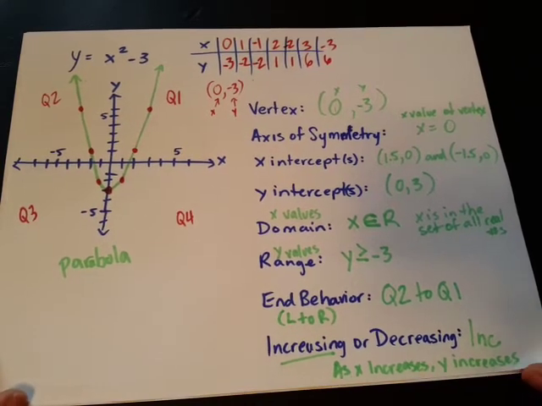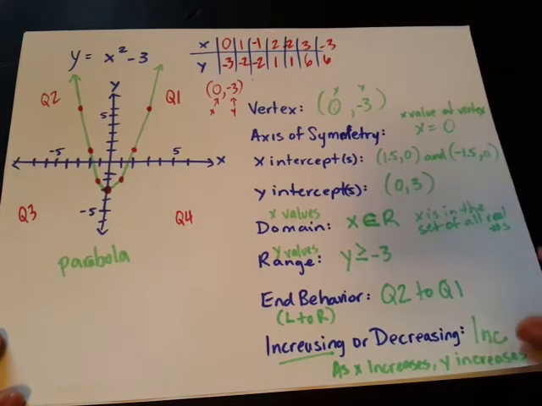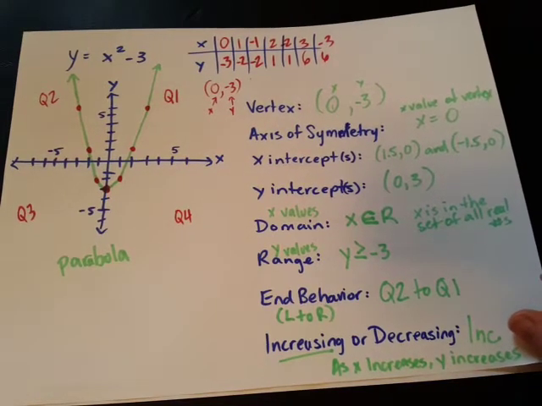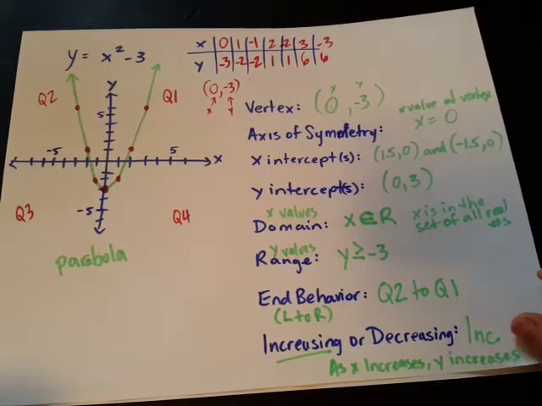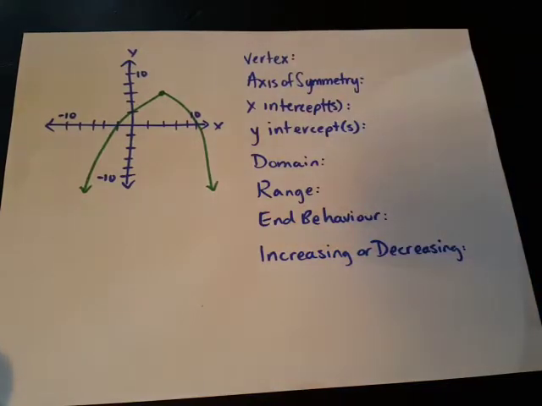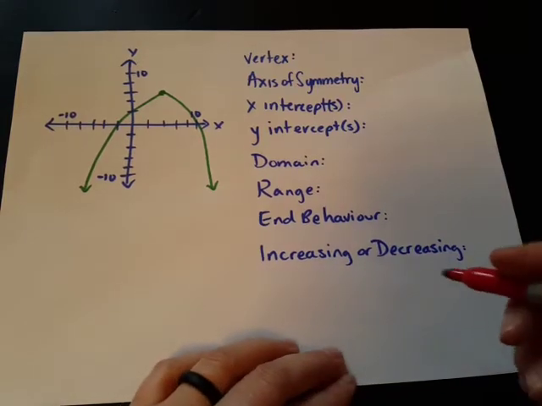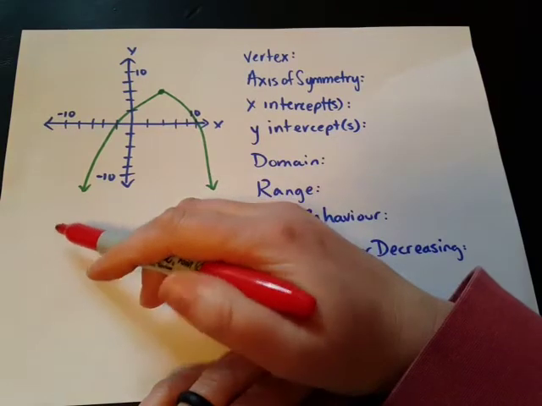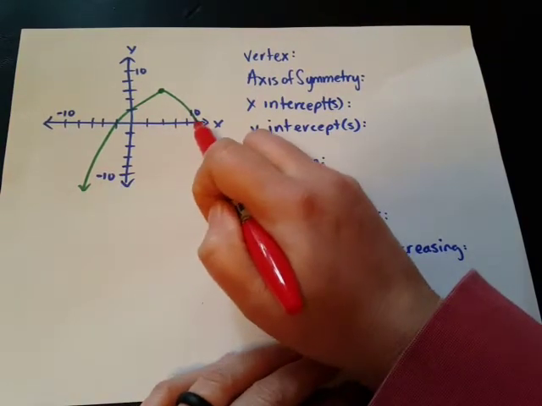Whew, that's lots. So let's look at another example where the graph's already drawn, which is normally what's going to happen. We're going to use the graphing tools to graph our function and give us all the possible outputs. But let's pull off those values. So the vertex, again, is the highest or lowest point on the parabola. In this case, just looking at our axes, being really careful, this is a 10.